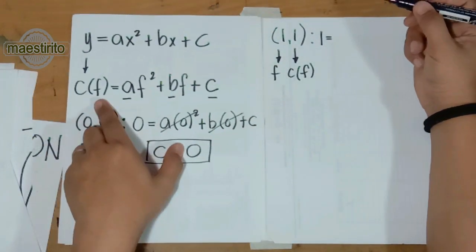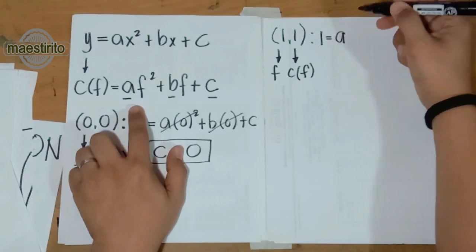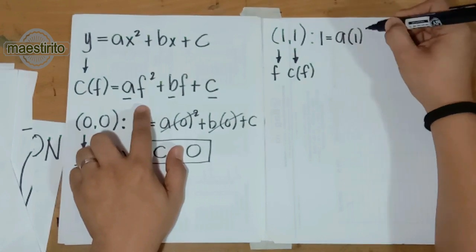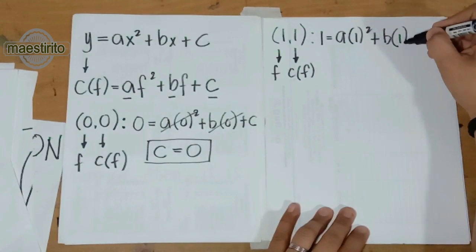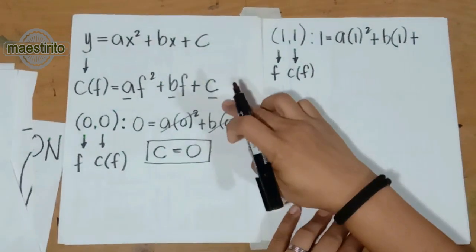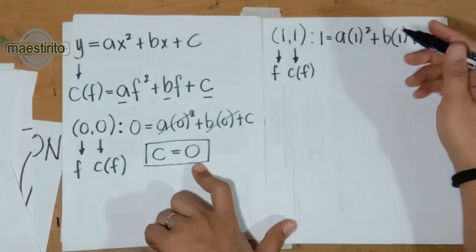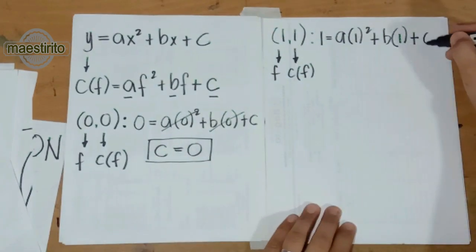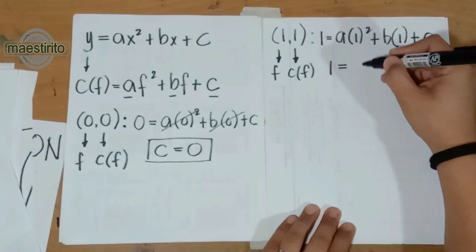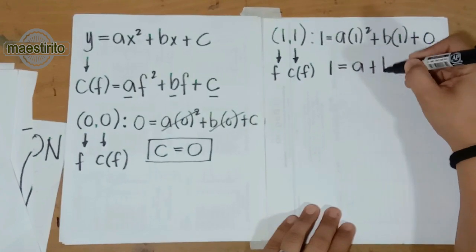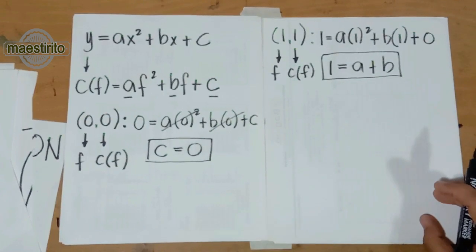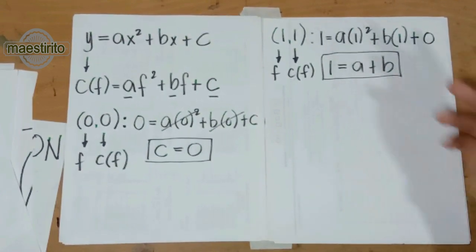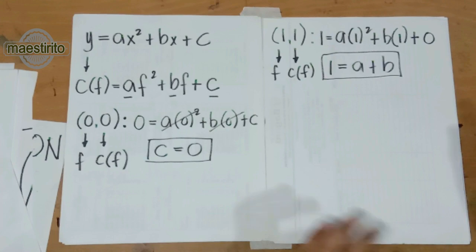So the c of f is 1, a, still a, your f is 1 squared, plus b, your f is 1, plus c, which is already 0, so you can already use that by substitution, so 0. And this will give us 1 is equal to a plus b. Okay? Almost similar to what we got from the linear function.